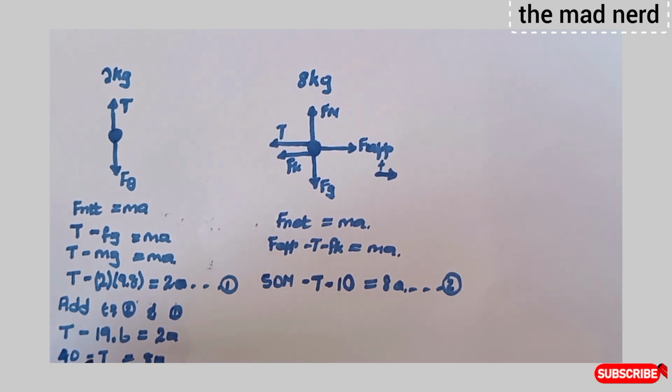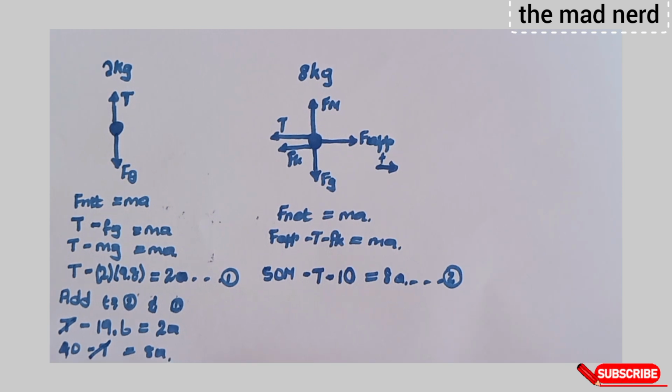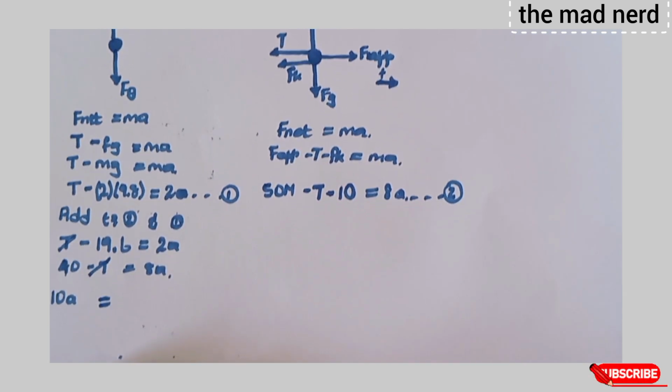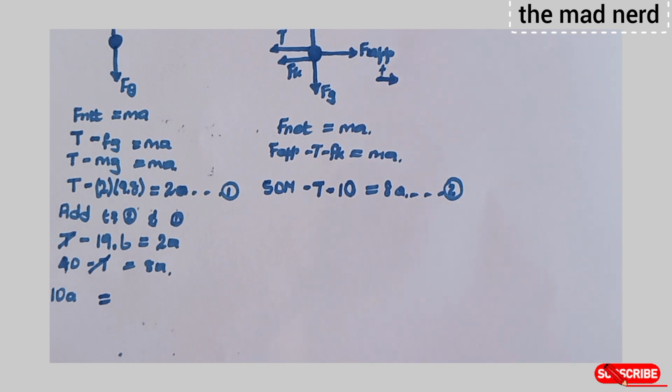When we add them, 2a plus 8a gives us 10a. The T that is positive and the T that is negative cancel each other, and we are left with 40 minus 19.6, which gives us 20.4.